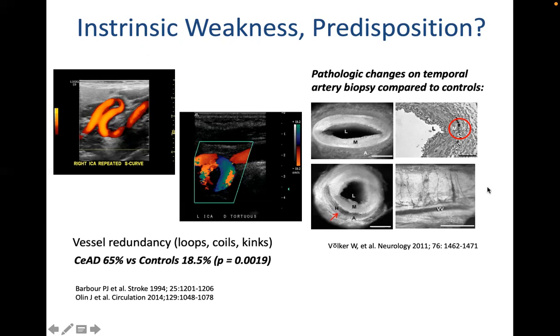And what they found when they looked under the microscope is that these superficial temporal arteries actually had blood flowing in between the wall layers, like micro dissections, which you can see here. And in the larger view, this H is blood flowing between the adventitia and the media.